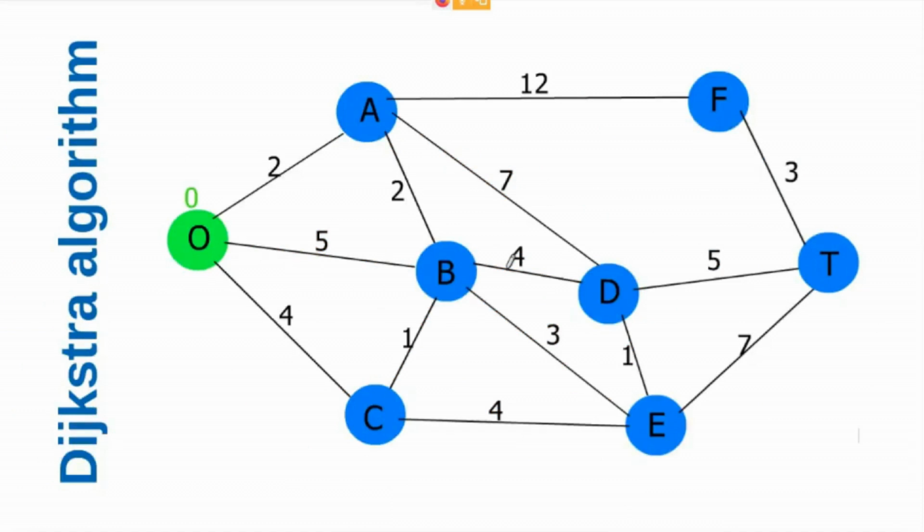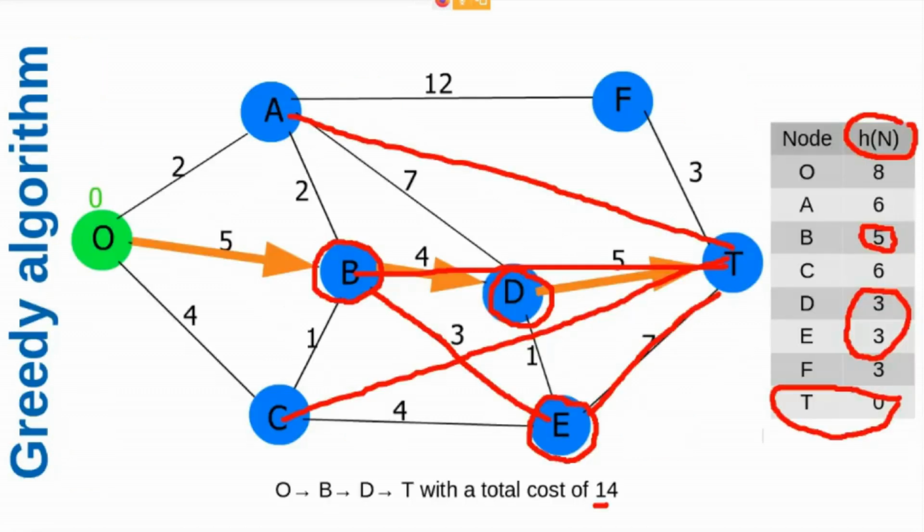Well, let's now have a look at the Dijkstra algorithm, which results in the optimum cost path. But in contrast to the previous method, you will see that it takes a long time to run. Here, the greedy method is quite easy and very fast to apply because you only consider the heuristics, and you don't reconsider the previously unvisited nodes.